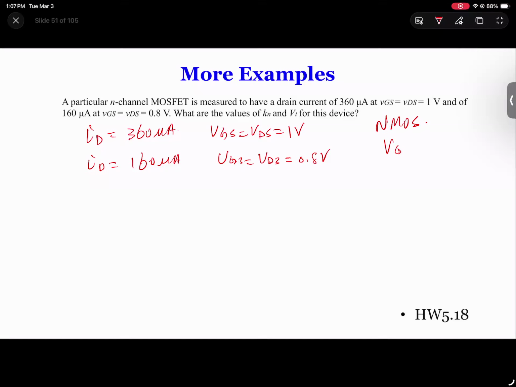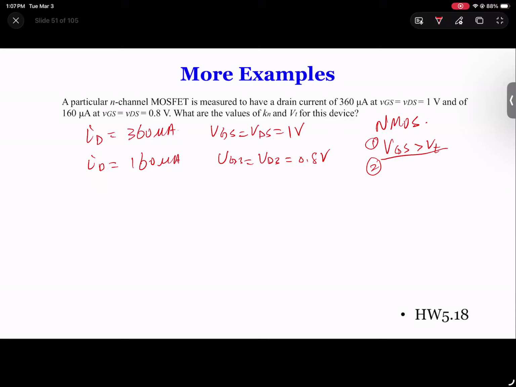It says it has current, so it's not in cutoff. So we know that VGS must be larger than VT, because if VGS were less than VT, it wouldn't have current.